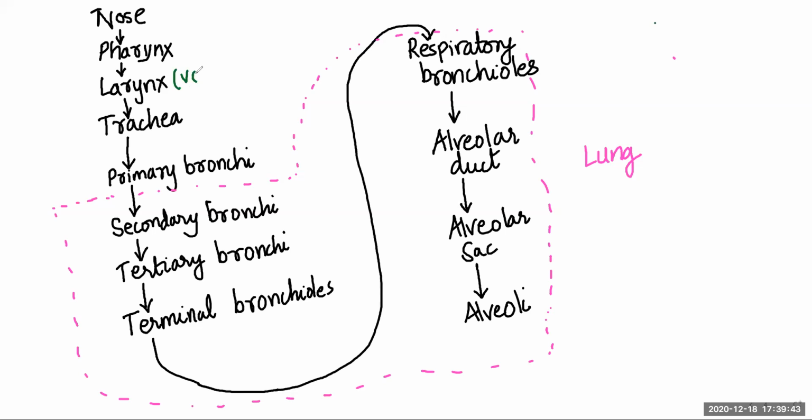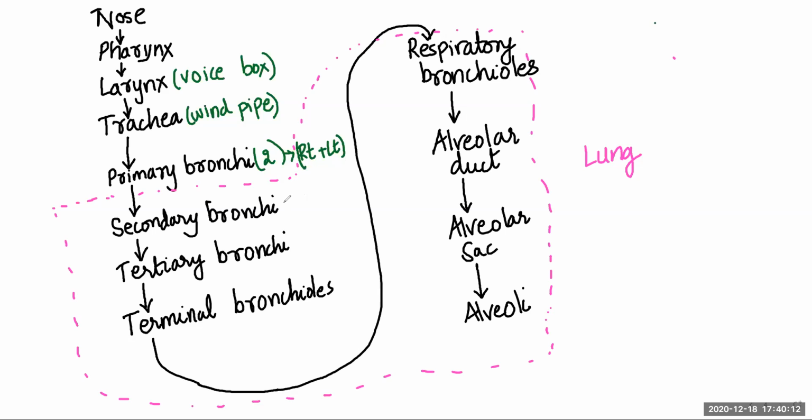Larynx is also called the voice box. Trachea is also called the windpipe. There are two primary bronchi, one goes to the right lung and one goes to the left lung. So two primary bronchi, one right and one left.